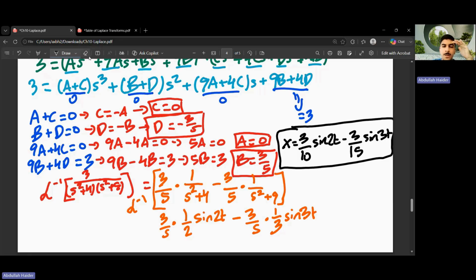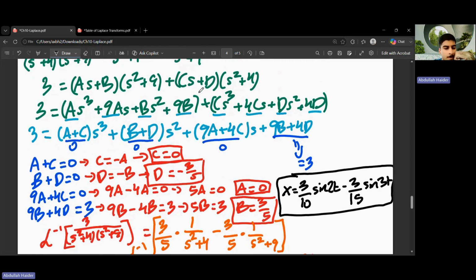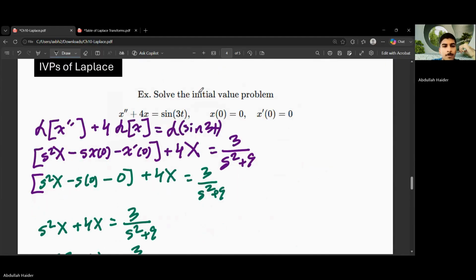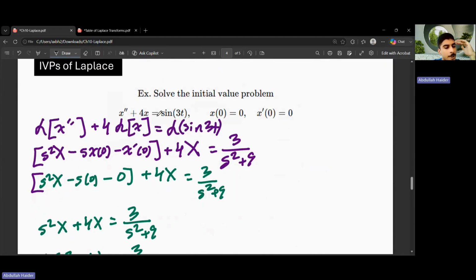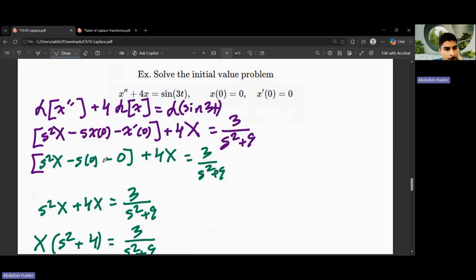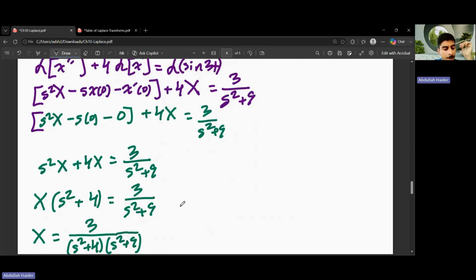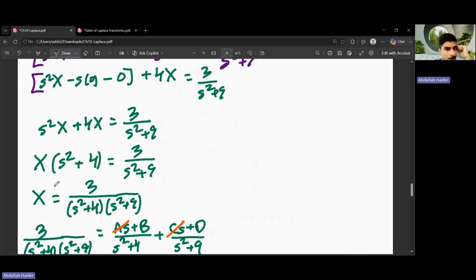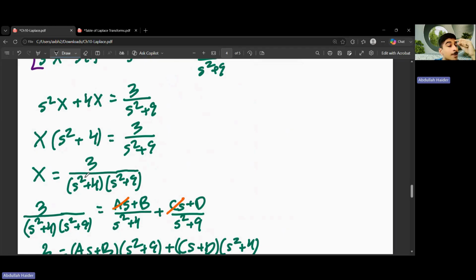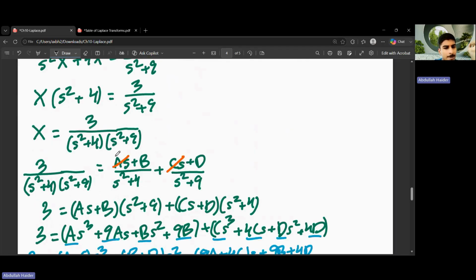So just to give a quick summary, you take the Laplace separately of each variable and Laplace of both sides. You substitute the initial conditions, and you get an equation in terms of x equal to whatever you have on the right side. And since you have an s power 2 here, we will have as plus b and cs plus d.